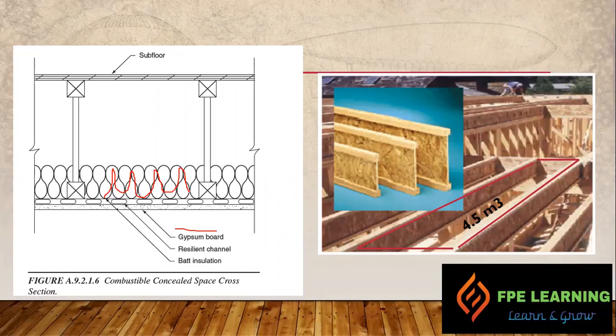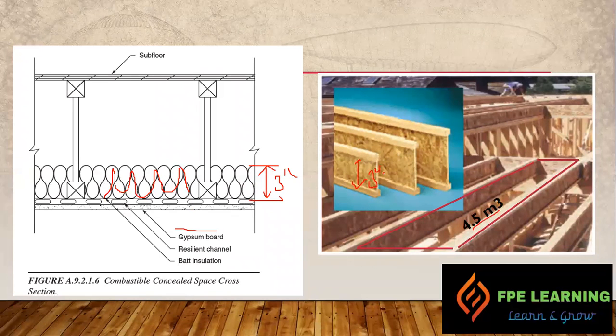So the volume of one open area cannot be more than 4.5 cubic meter, using material equivalent to the web construction, and that is 3 inch of bat insulation. So this insulation should be at least 3 inch. If it complies in these areas, we don't need a sprinkler system as per 9.2.1.6.